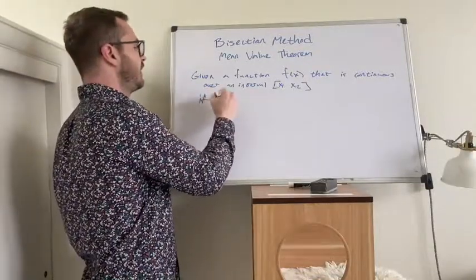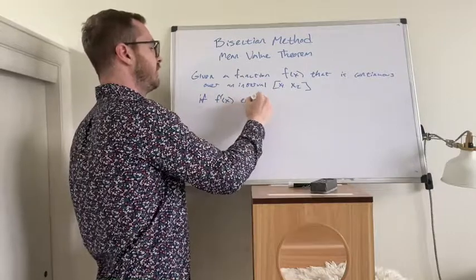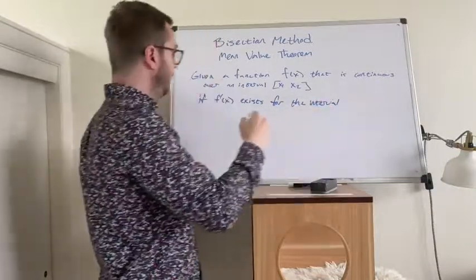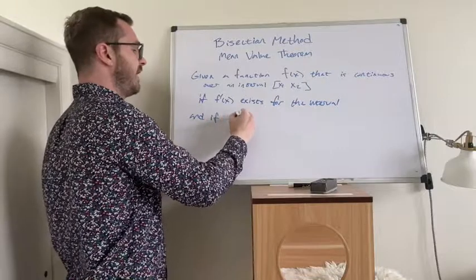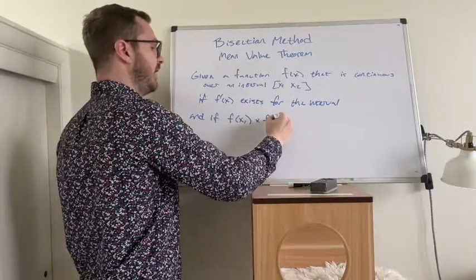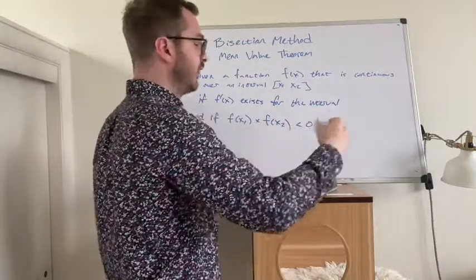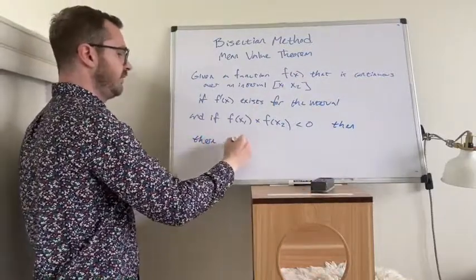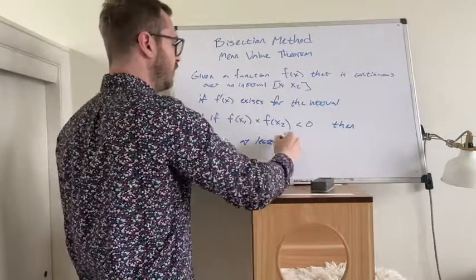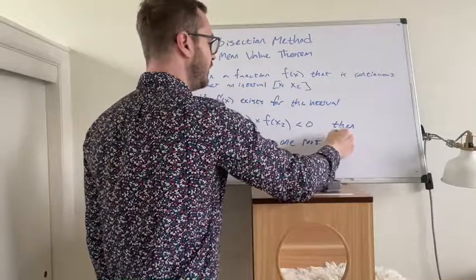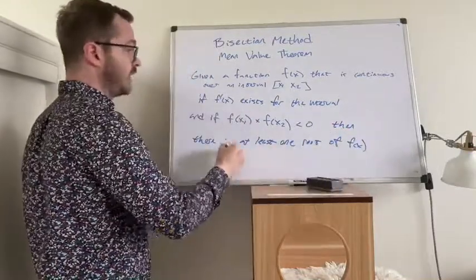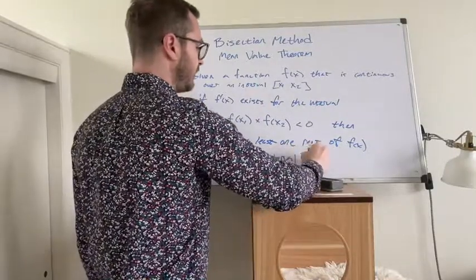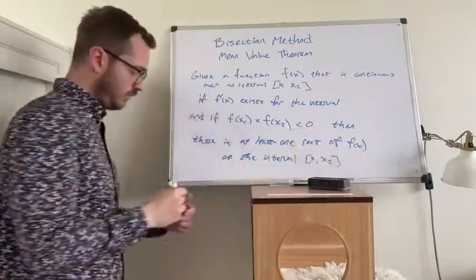If f prime of x exists for the whole interval, and if f of x1 times f of x2 is less than 0, then if all of these are true, then there is at least one root of f of x on this interval, x1 to x2.